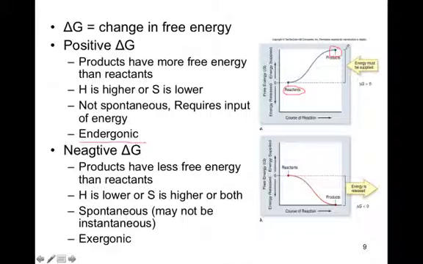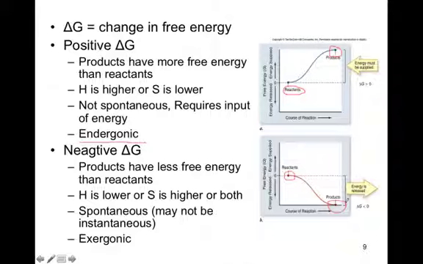Now, a negative delta G is the opposite of that. A negative delta G, we start with some reactants, and after the reactions happen, the products at the end have a lower energy. That means that there's less energy stored in the bonds of the product molecule, or H is lower, because H is the energy stored in the bonds of the molecule, and S is higher, or the energy that we've lost that we cannot use.